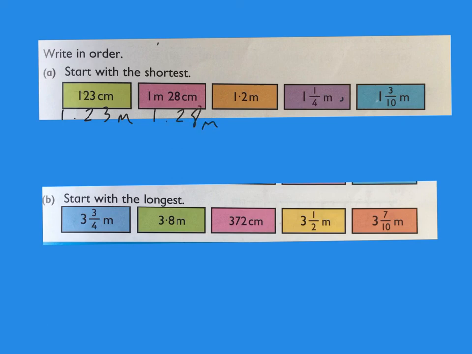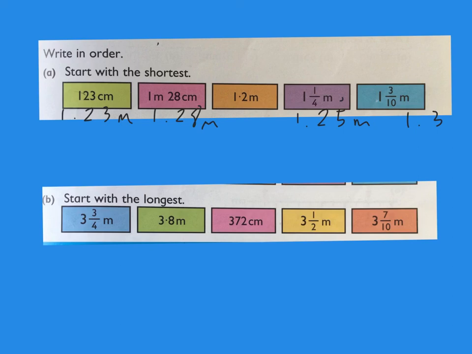This one is already in decimal form, so it's 1.2. This would be 1.25 metres, and this would be 1.3. And I would just go through the same process and order them in size, starting with the shortest. So it's up to you what you convert them to, or maybe you don't even need to go through that process. For me, it makes it easier, and you may find it easier.